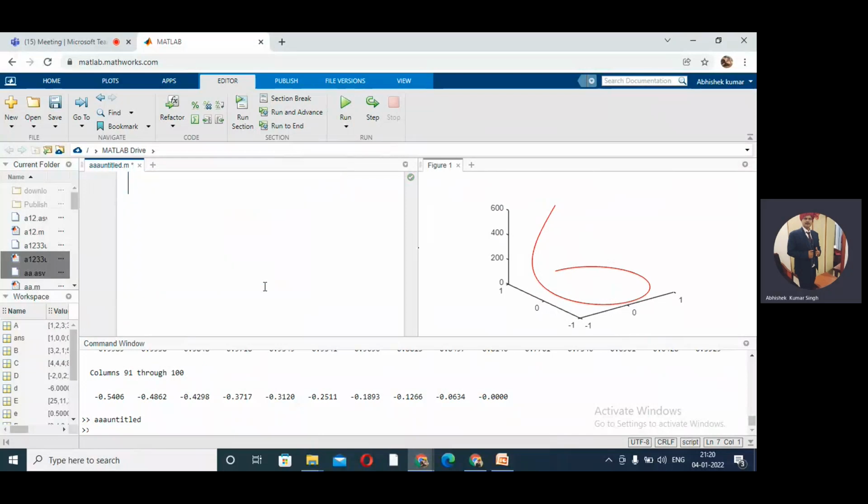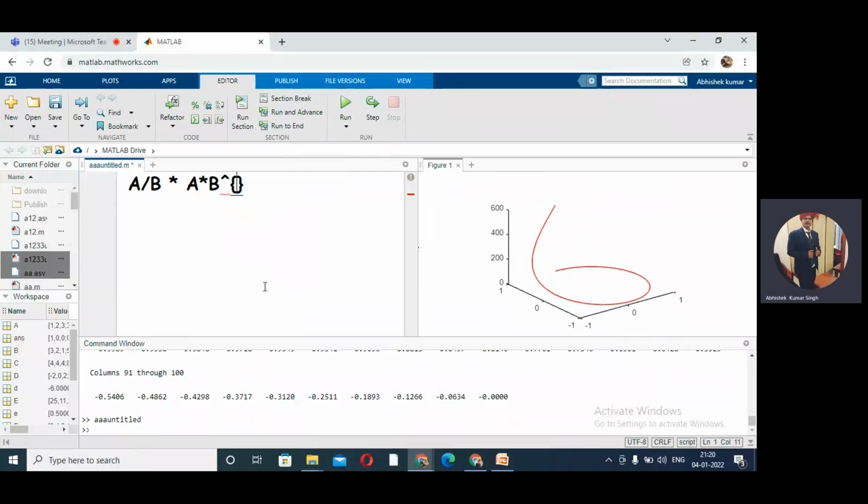Okay. Now, just now we have seen A left division B, right? So A left division B was A into B inverse.